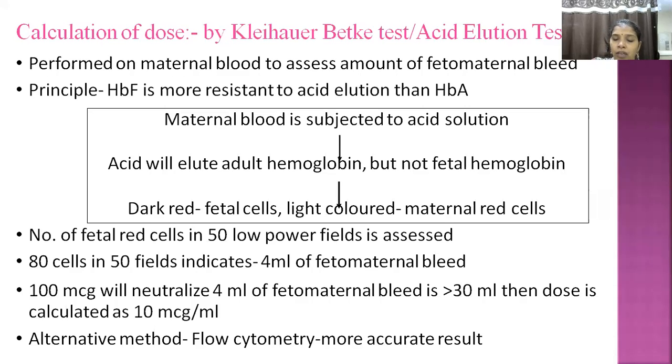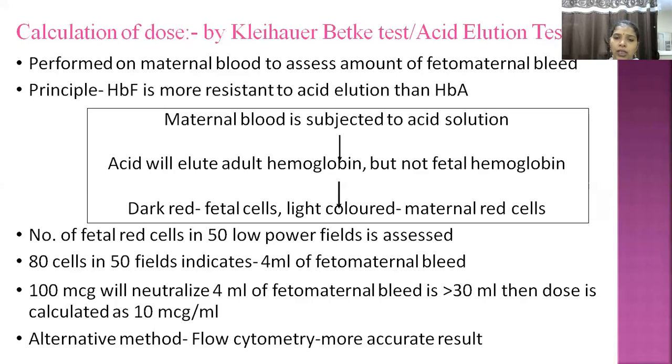In case of heavy fetal-maternal bleed, that is more than 30 ml, the dose should be calculated as 10 micrograms per ml. Up to 30 ml we can give 300 micrograms.